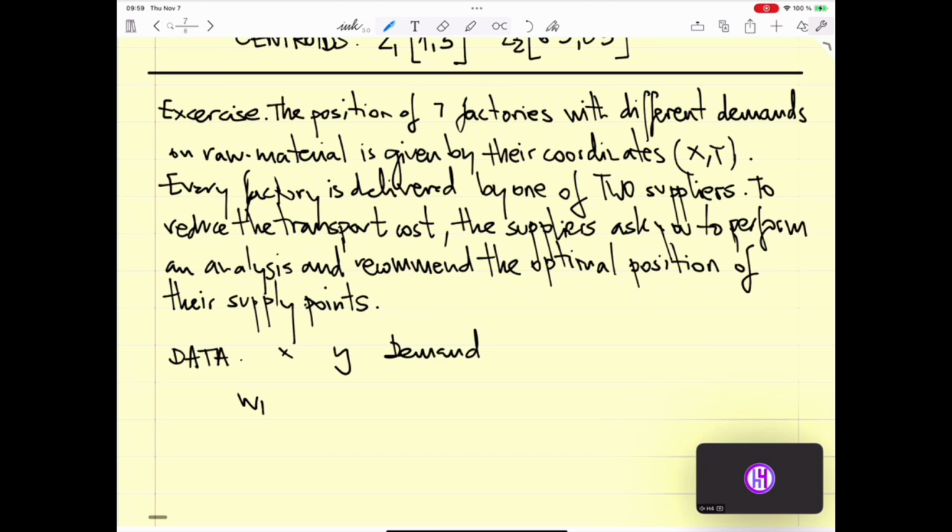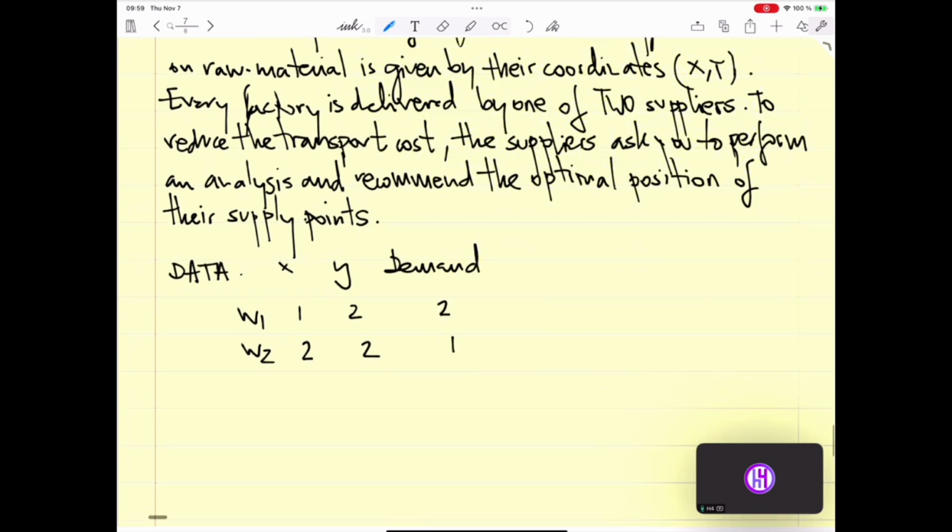Factory 1, position 1, 2, demand 2. Factory 2, position 2, 1, demand 1. Factory 3, 0, 1, demand 3. Factory 4, 6, 1, 1.